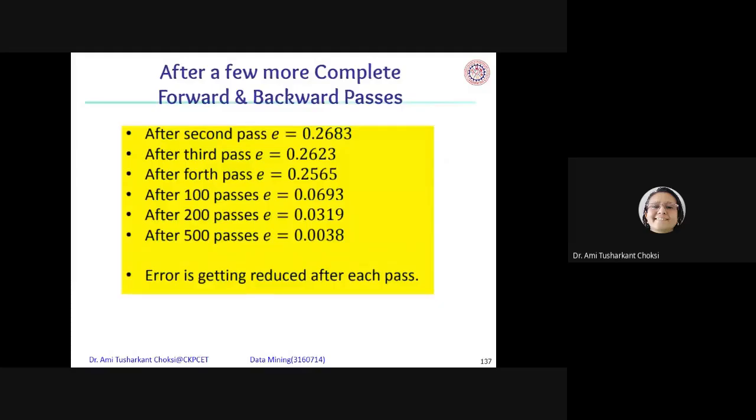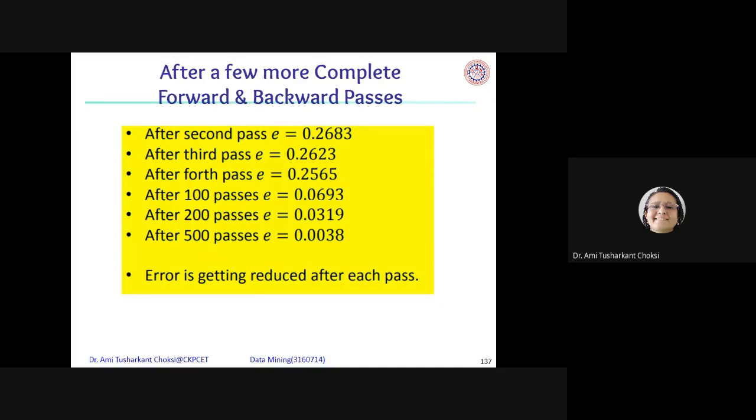It is decided based on how many passes we want to have, right? We can say that 500 passes we have decided for our neural network, or otherwise you can say that you have decided the threshold that your error should be something like it should be less than this, it should be greater than this, whatever value you are saying.